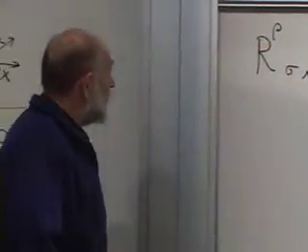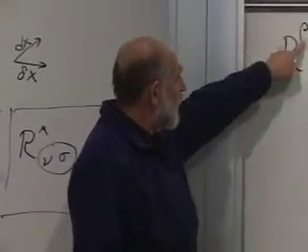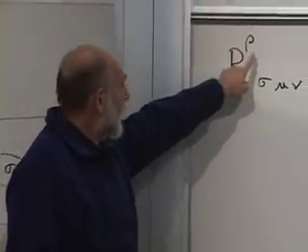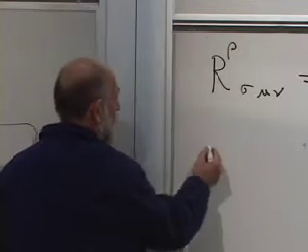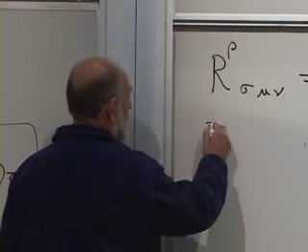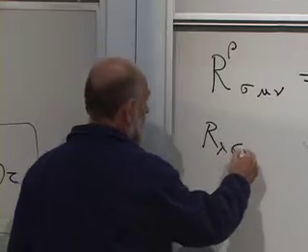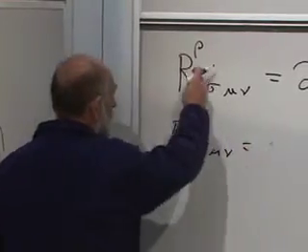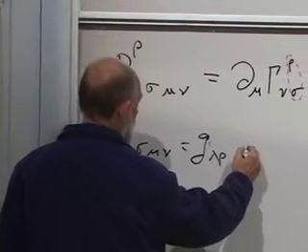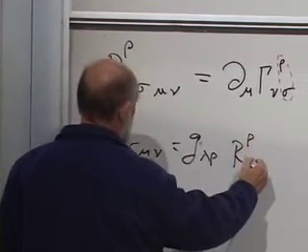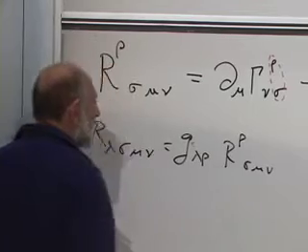To see the symmetries best, it's best to lower this index. I can lower this index the usual way. Supposing I want to define R lambda sigma mu nu, I just multiply by g lambda rho times R rho sigma mu nu.